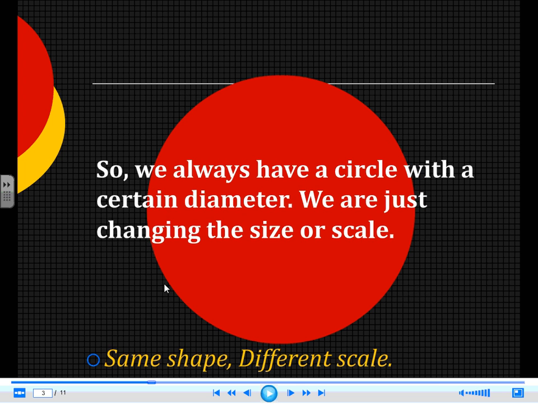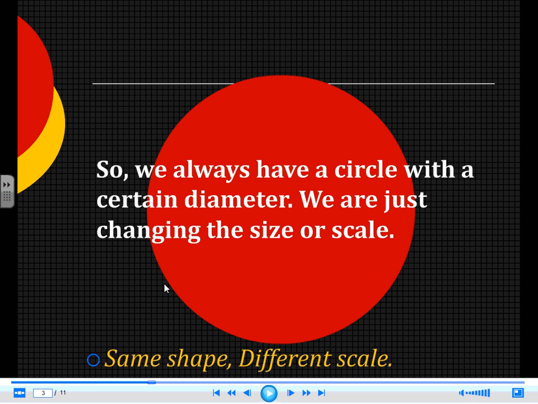Now, we had a circle the whole time, didn't we? Circle. What really was changing was when it was getting bigger or smaller. Do you guys know what was changing? The size. What makes the size of the circle change? The diameter of the circle. Yeah?